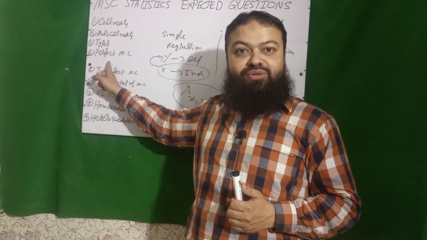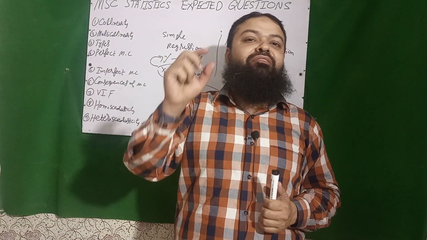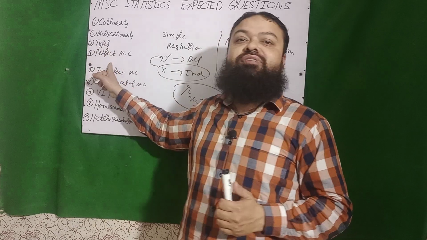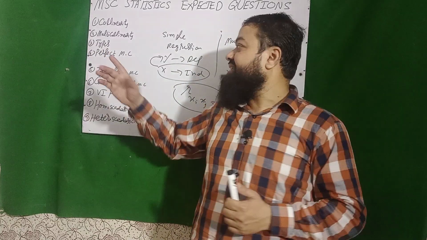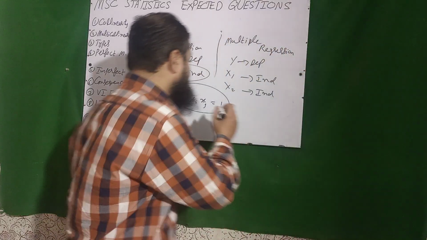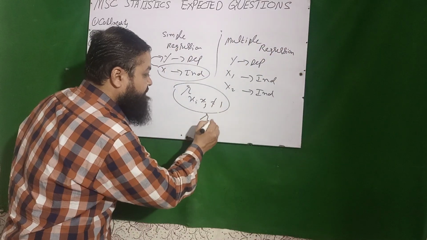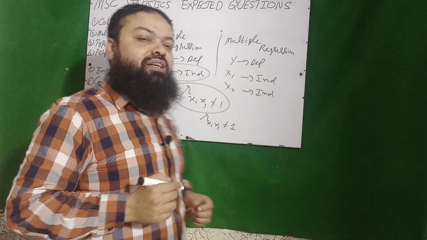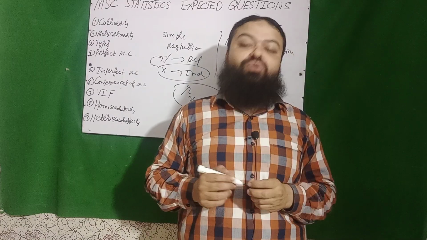One is perfect multicollinearity when R is 1. When Rxi xj is equal to 1, there is perfect multicollinearity. And then imperfect multicollinearity, when the correlation coefficient is not equal to 1. If Rxi xj is not equal to 1, then there is imperfect multicollinearity.